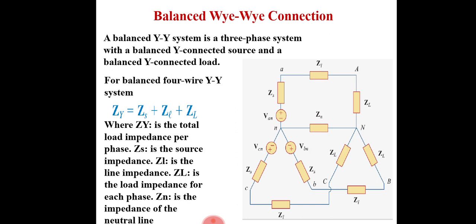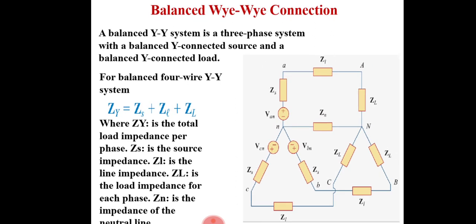Here Zy is the total load impedance, Zs is the source impedance, small zl is the line impedance, capital ZL is the load impedance for each phase, and Zn is the impedance of the neutral line.